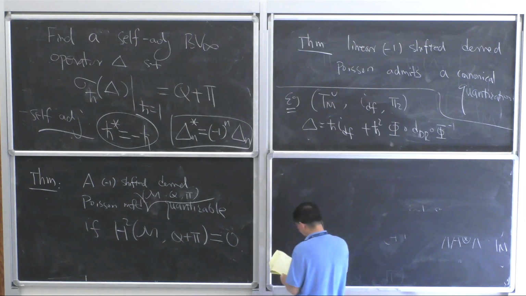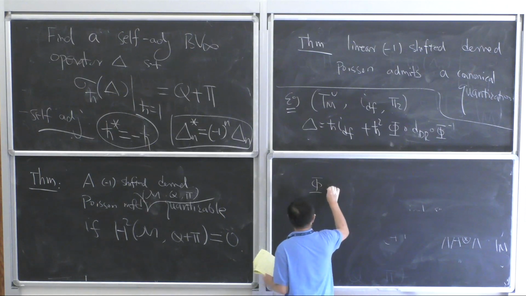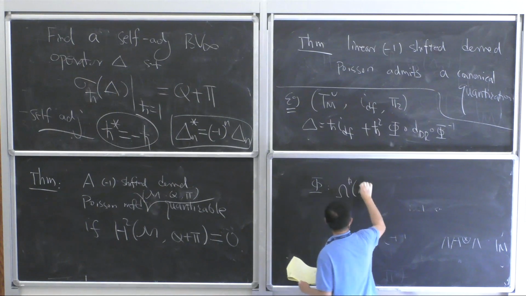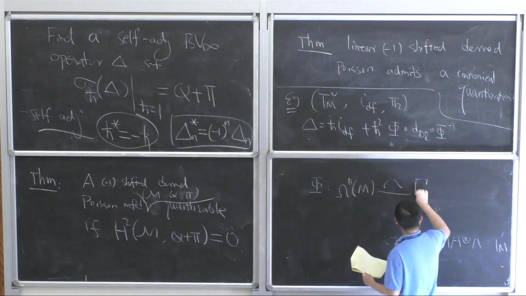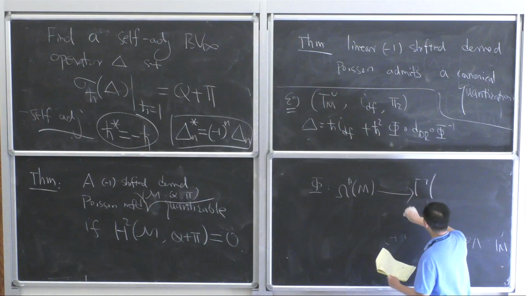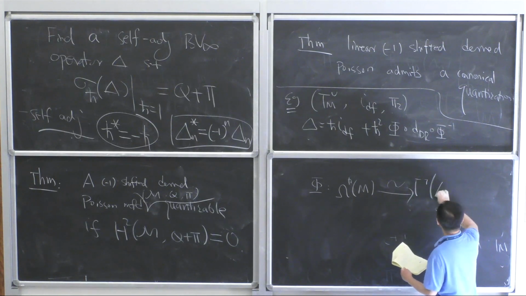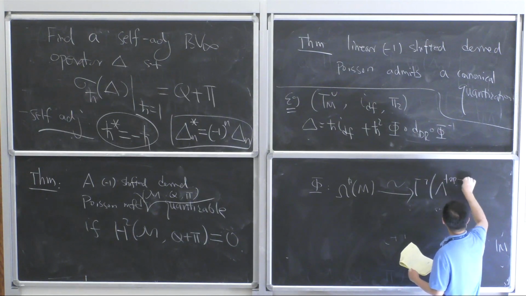So phi is the isomorphism to differential forms of top degree minus k.